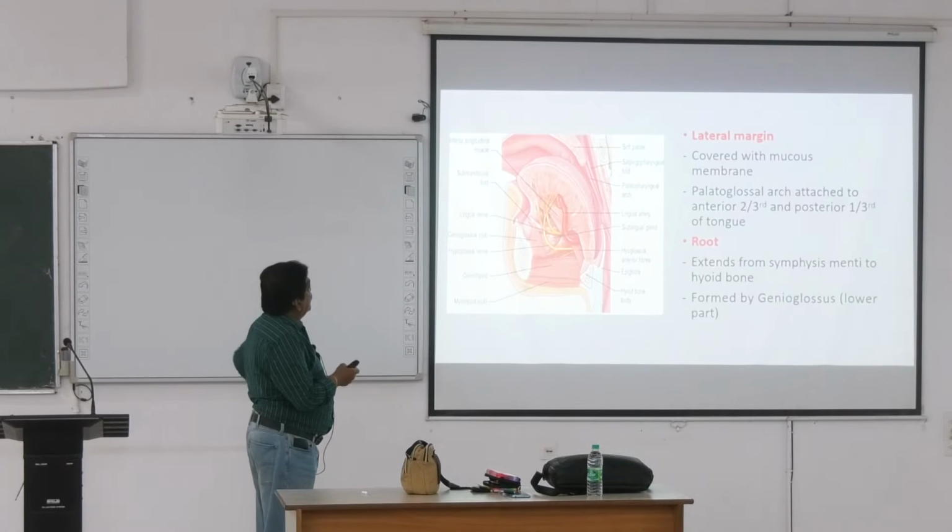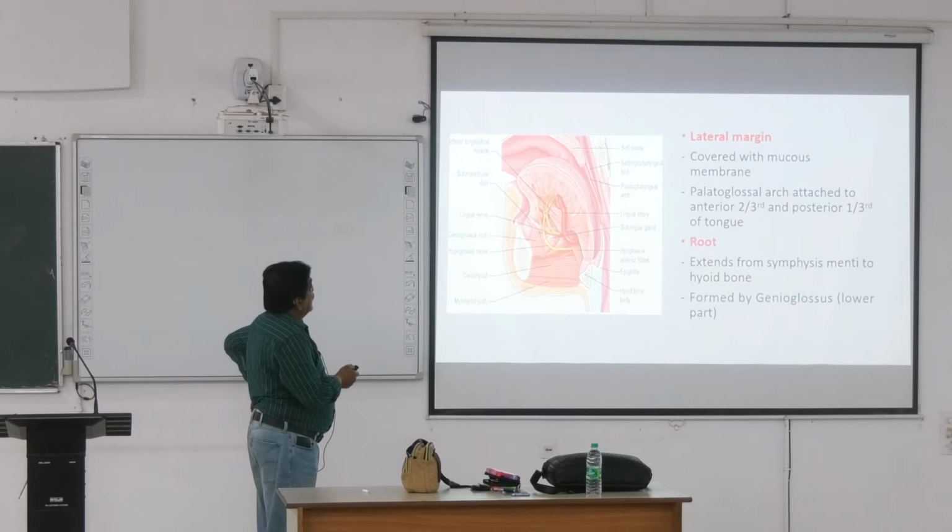Now you can see the lateral margin covered with mucous membrane, palatoglossus arch attached to the anterior two-third and posterior two-third of the tongue. This is the palatopharyngeal arch. This is the inferior longitudinal muscle.